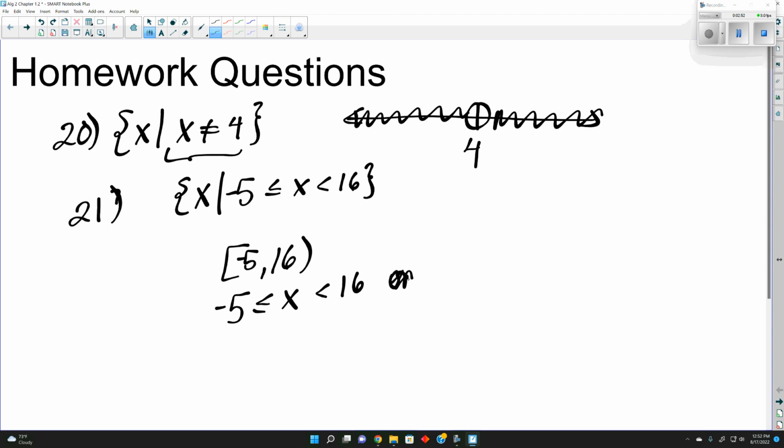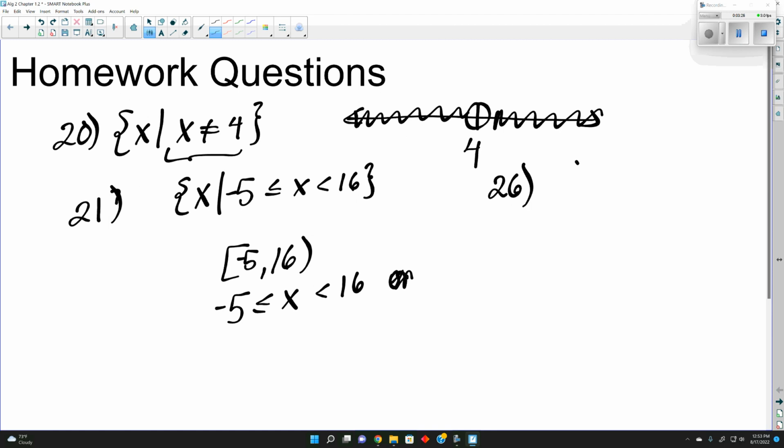So 23, x is less than or equal to 4, or x is, for 23, it would be not 8, but greater than or equal to. Yep, but that's it. Yeah, you had it. Yes, so x is less than or equal to negative 4 or greater than or equal to 4 because it's going the other way.